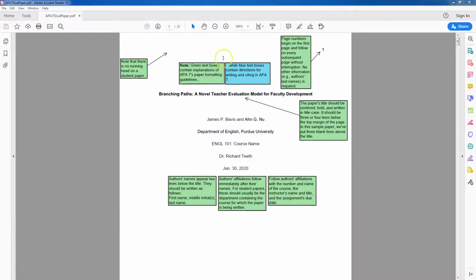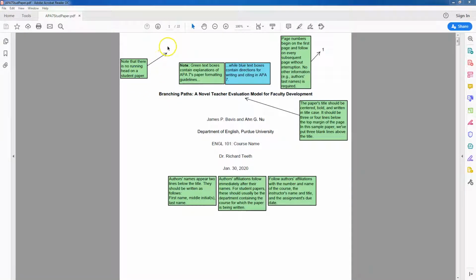All right, so let's start out and notice that there is no running head on this paper. When I first started teaching this course with APA 7th, I didn't realize that this was only the title. I didn't look close enough. So I mistakenly told people that there is a need for a heading.